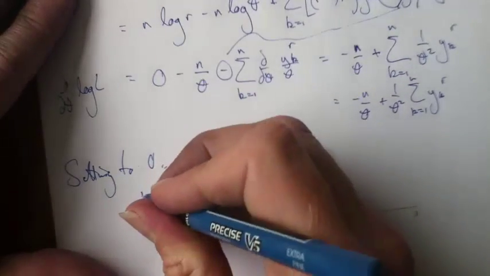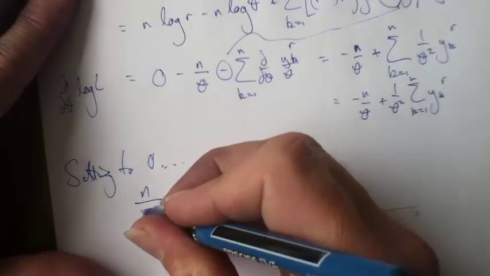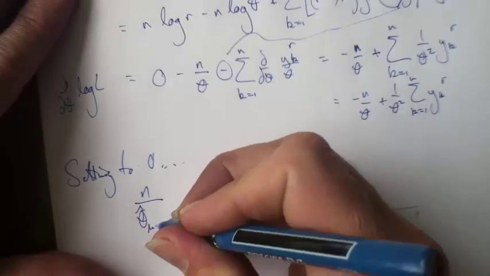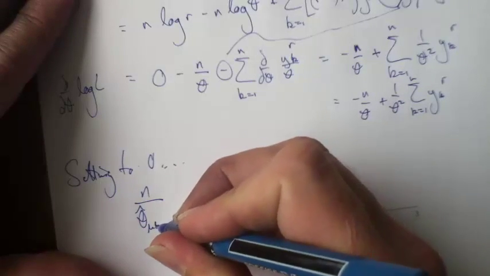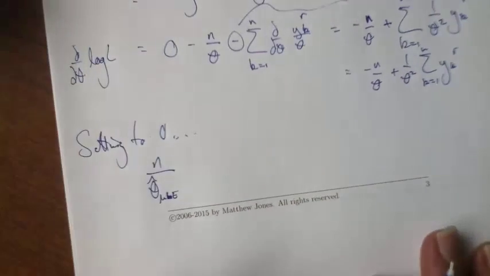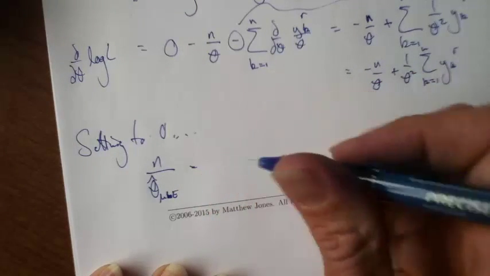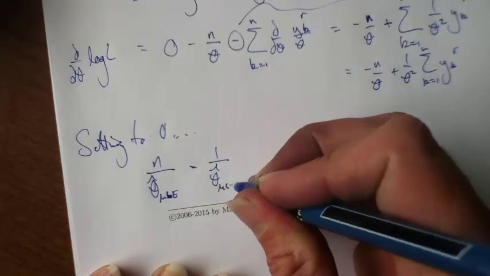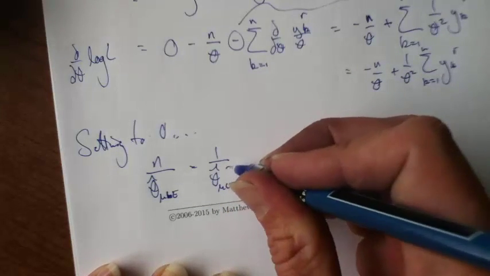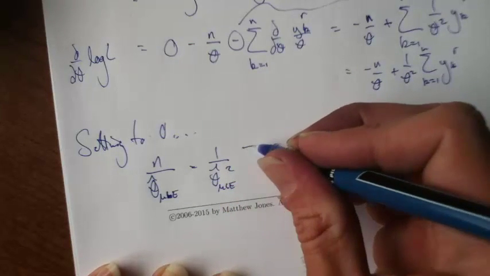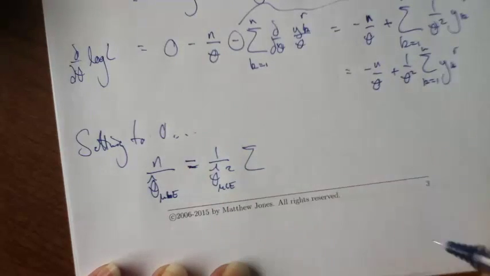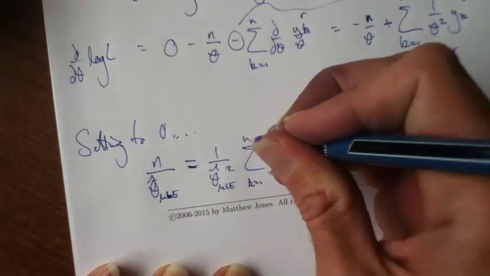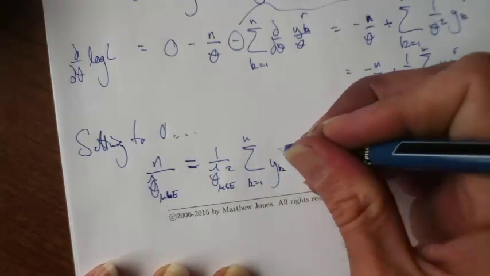I get that n over my maximum likelihood estimator for theta, theta hat MLE, equals 1 over theta hat MLE squared times the sum, k goes from 1 to n, of yk to the r.